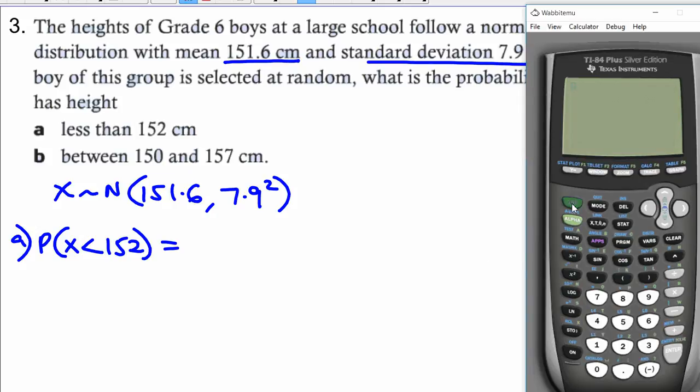So second, look, for the CDF, the lower bound is negative, upper bound 152.